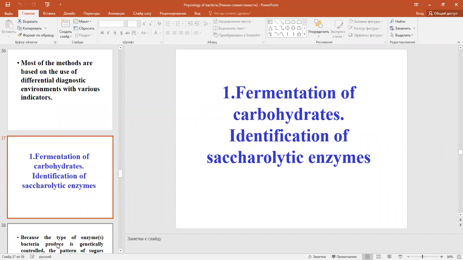How is it possible to detect saccharolytic enzymes? Through fermentation of carbohydrates, which is done by saccharolytic enzymes.